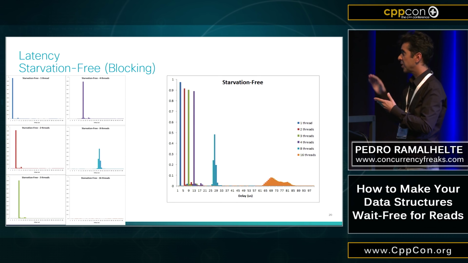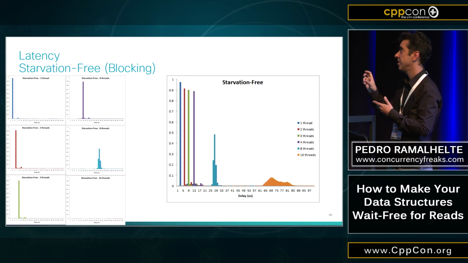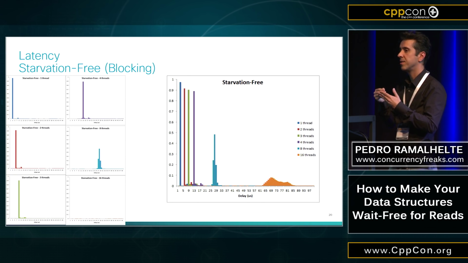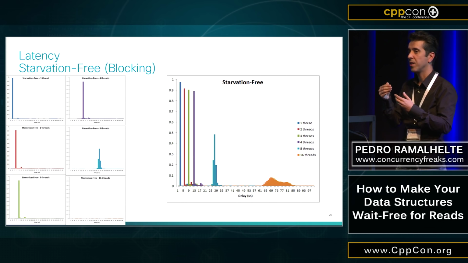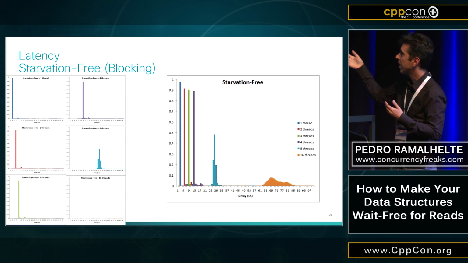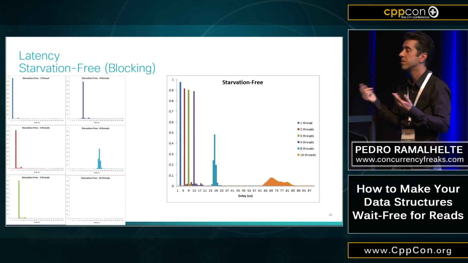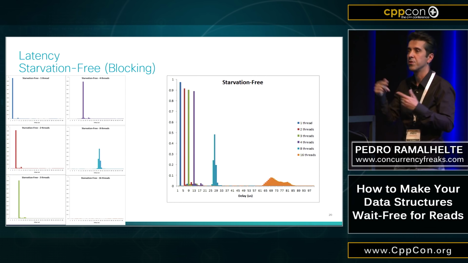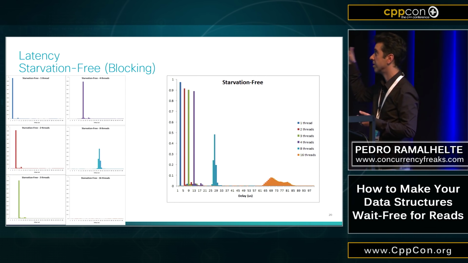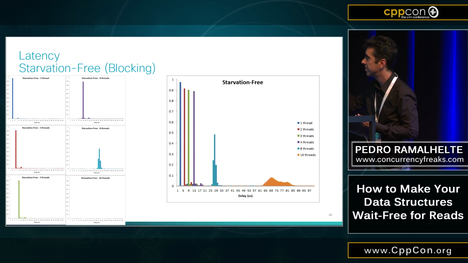So you don't see the fat tail here, you just see the delay, because now you know it's going to have to wait for n-1 threads. If it takes 3 microseconds for one thread to complete, you're going to have to wait n-1 times 3. So all of the threads on average are going to wait for that, and you get a peak at n-1 times 3 or 4, whatever it is.